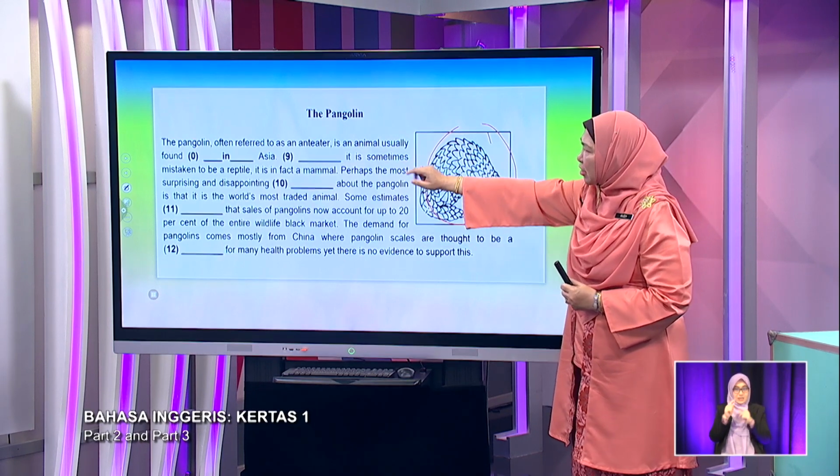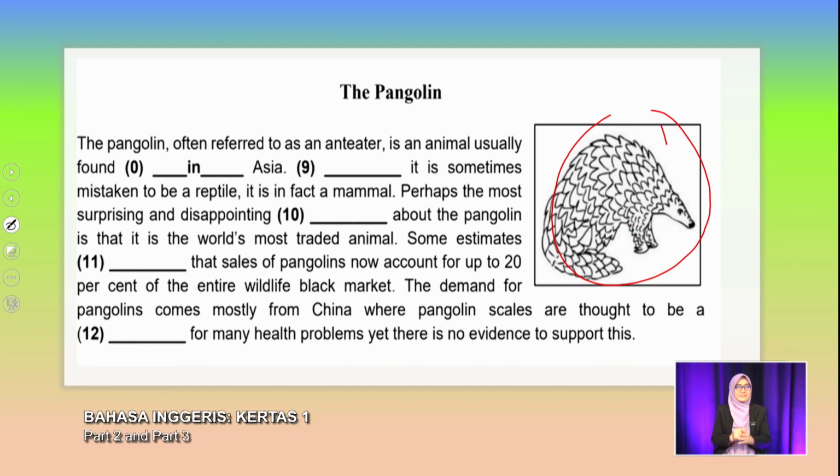The pangolin, often referred to as an ant-eater, is an animal usually found in Asia. We are given the first answer, so that is number 0. Then number 9: it is sometimes mistaken to be a reptile. It is in fact a mammal. Perhaps the most surprising and disappointing blank about the pangolin is that it is the world's most traded animal.